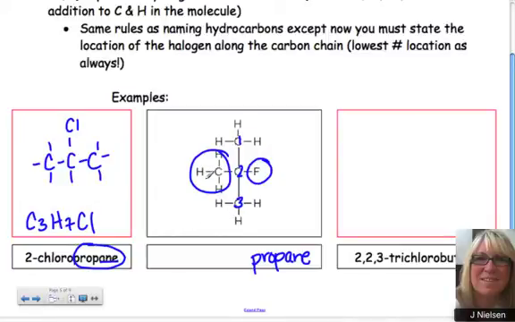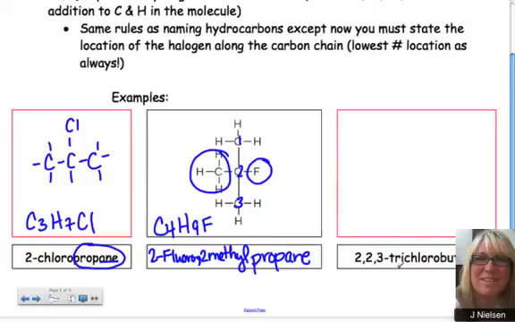So fluorine comes before methyl in the alphabet, so this is 2-fluoro, 2-methylpropane. Again, the molecular formula would be C. We have 4 C's, 3 in the parent chain, 1 here, C4. H, we have 3 here, 3 here, and 3 here, 9, and then F.